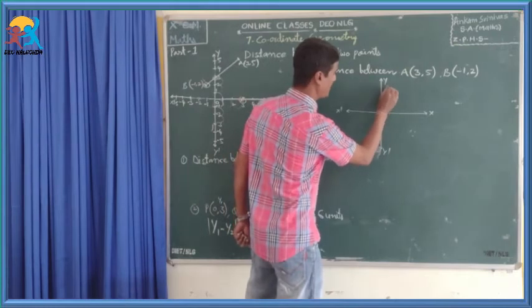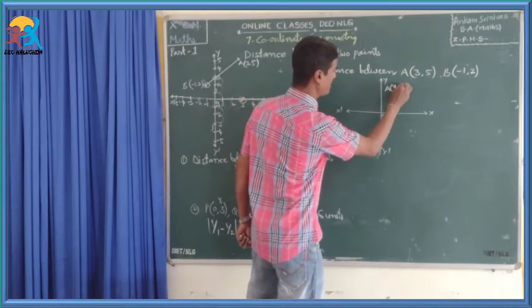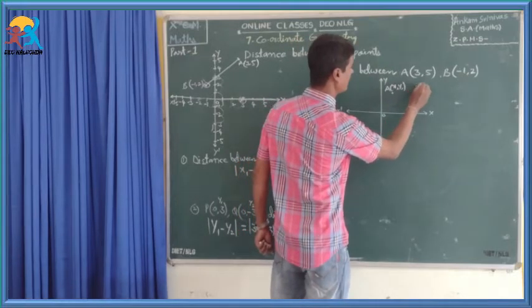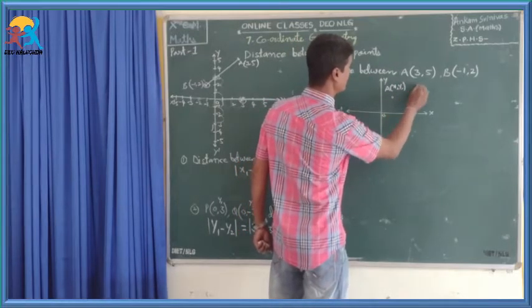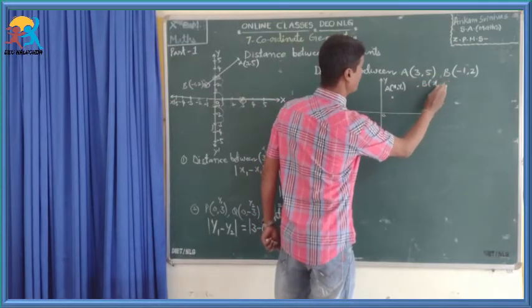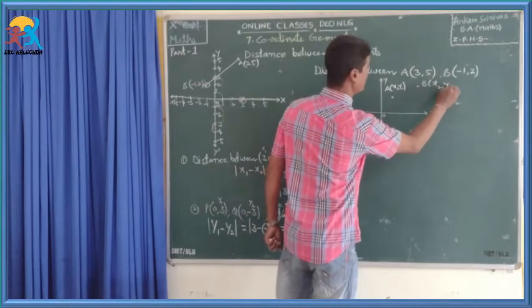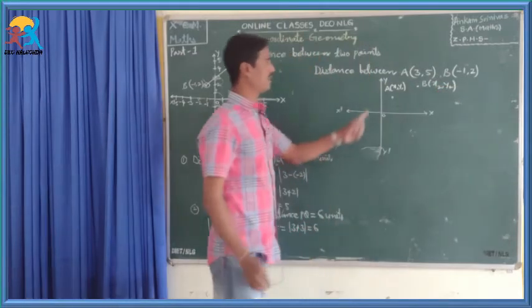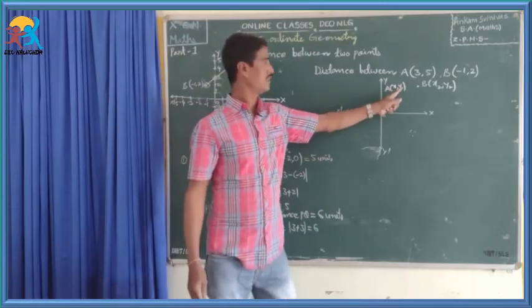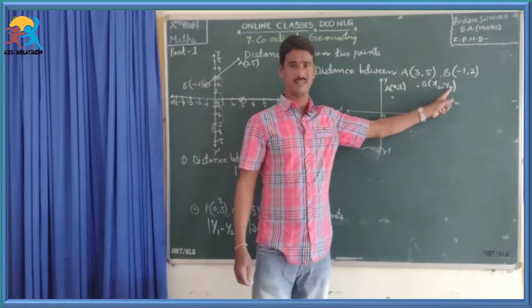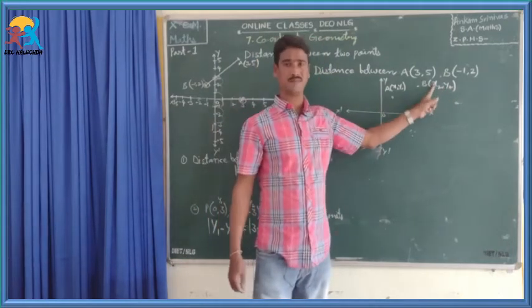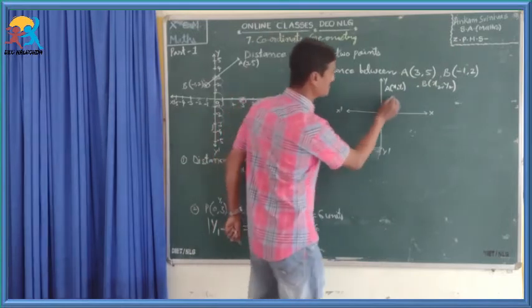Let us suppose A is (x1, y1) and B is (x2, y2). I am going to find the distance between these 2 points. Now join these two.